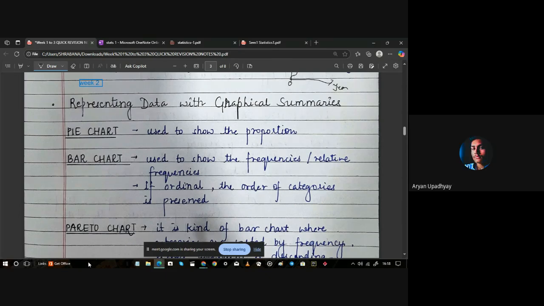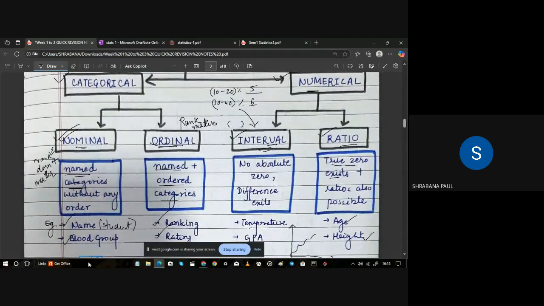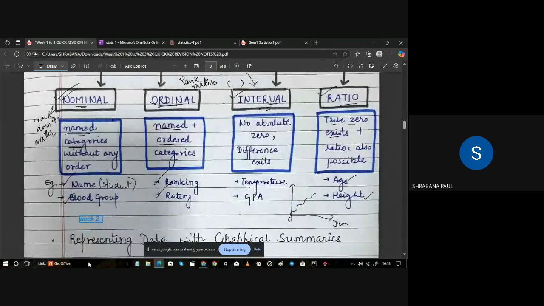Ma'am, can you please explain the ratio part again? Okay, ratio part. It's simple. Just for example, we take a graph where we plot marks and here we plot students' names.